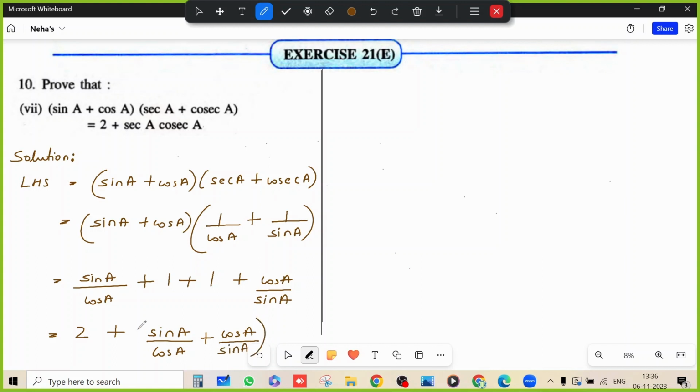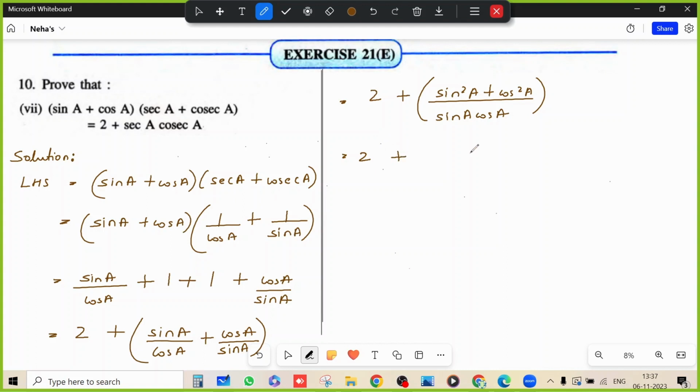Now we will find out the LCM of these two terms. So this will become 2 plus sin A by cos A, and the numerator will become sin square A plus cos square A. Now we know by the trigonometric identity that sin square theta plus cos square theta is equal to 1.